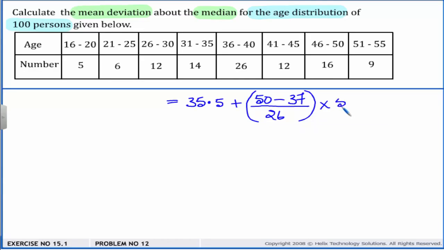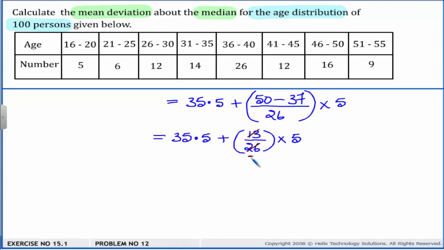So this is equal to 35.5 plus we have 13 upon 26 into 5. Now you can cancel out this 13 in this 26 2 times.